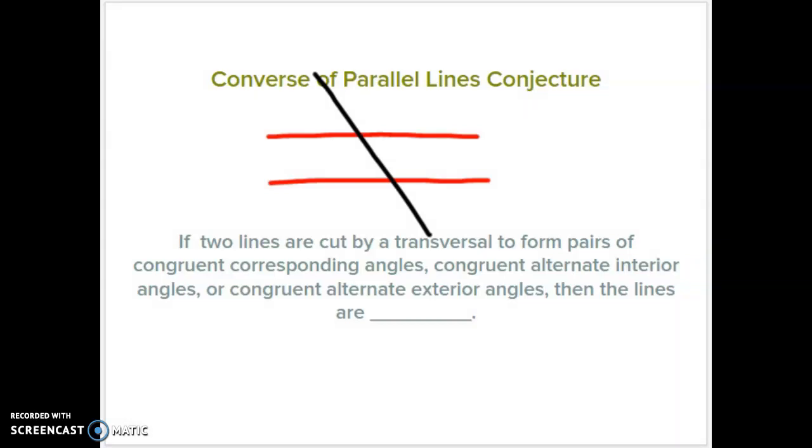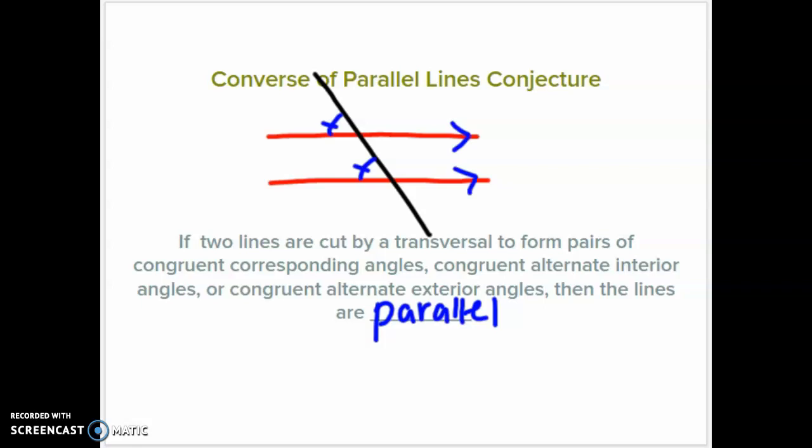Now I notice that there are either corresponding angles that are congruent, alternate interior angles that are congruent, or alternate exterior angles that are congruent. If I know at least one set of those, then I can say those lines are parallel. So if I know this and this, then I can say these lines are parallel.